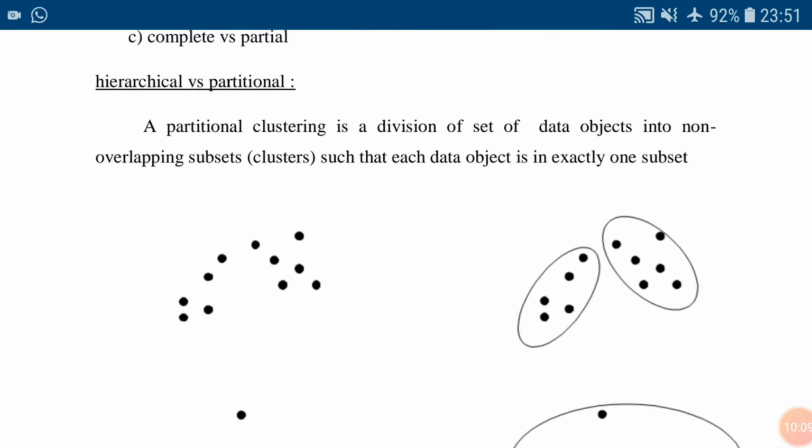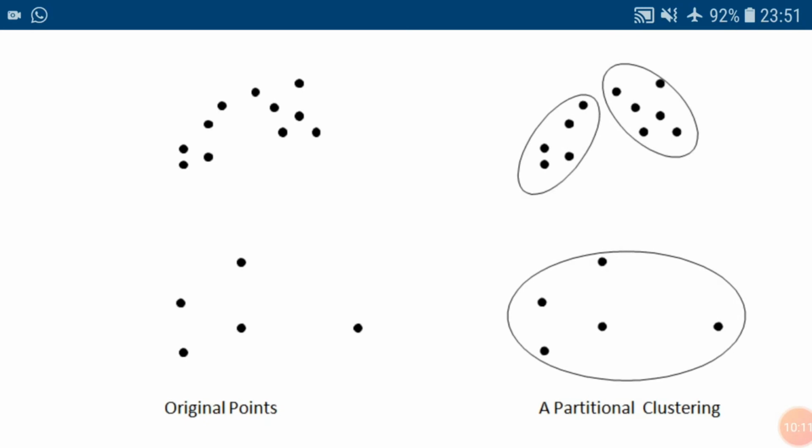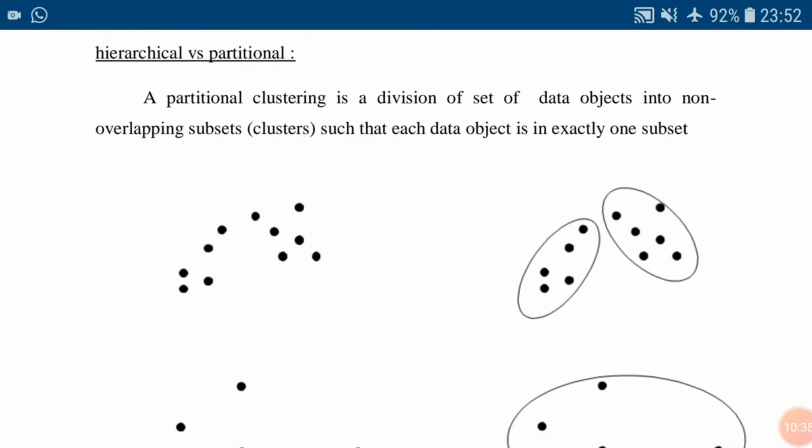In the figure, in part A we will see the original data points. In part B we will see how the original data points can be divided into different clusters based on the partitional feature.